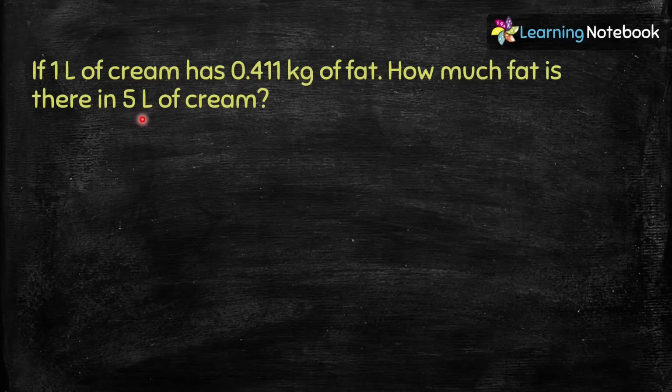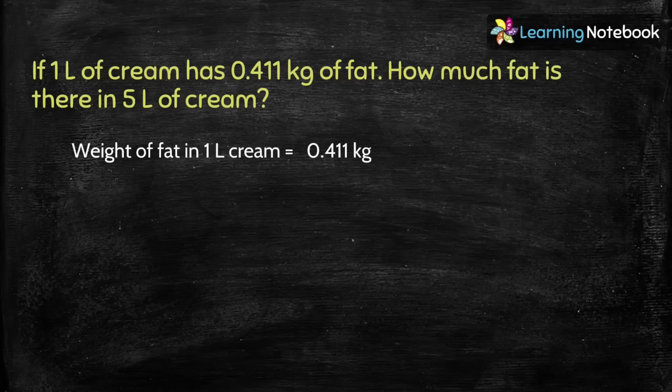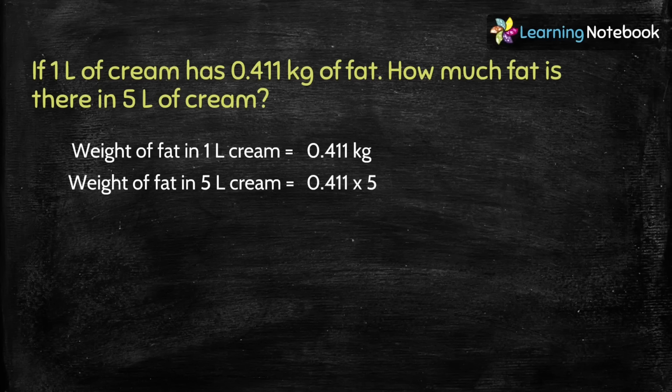So it means we have to multiply here. So let's write the statements first. Weight of fat in 1 liter cream equals to 0.411 kilogram. So weight of fat in 5 liter cream would be 0.411 multiplied by 5. So let's multiply.